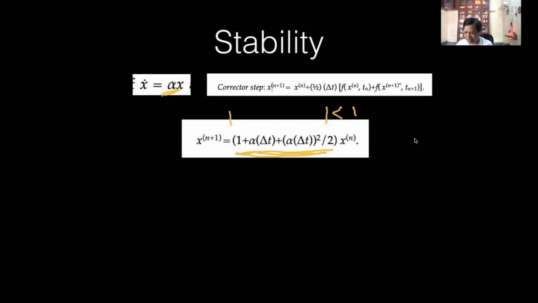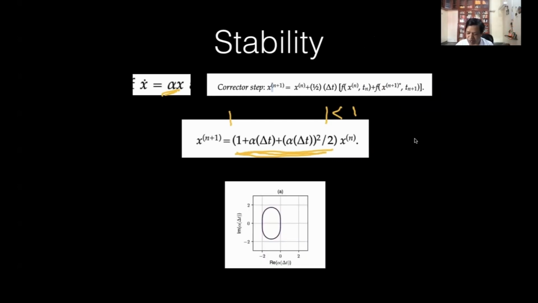So we make a contour plot with alpha delta t as a variable, and you find the code in the book. So if alpha delta t is a parameter, then I make a contour plot with imaginary alpha delta t and real alpha delta t, and you find that this region is less than 1.